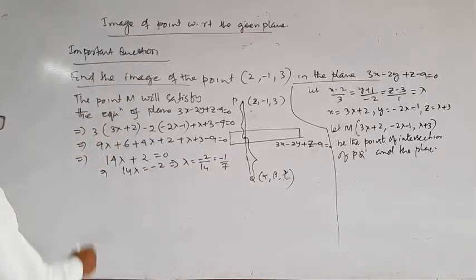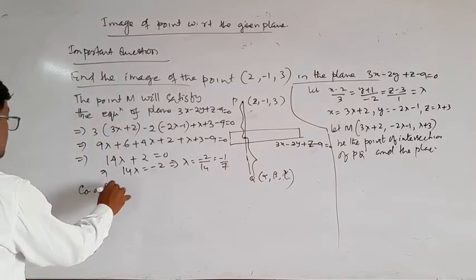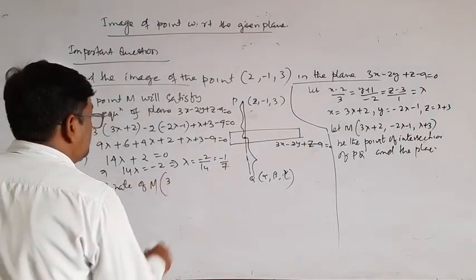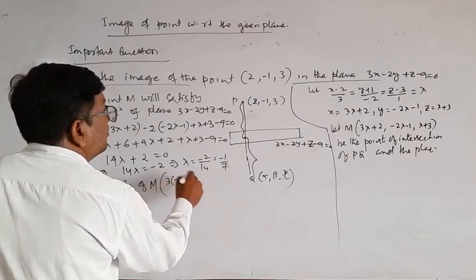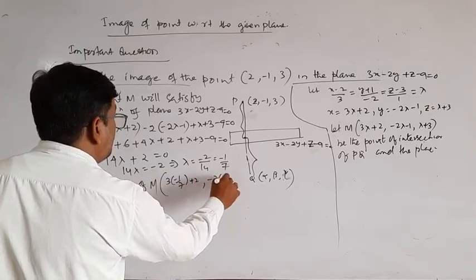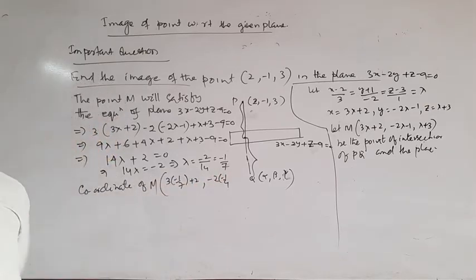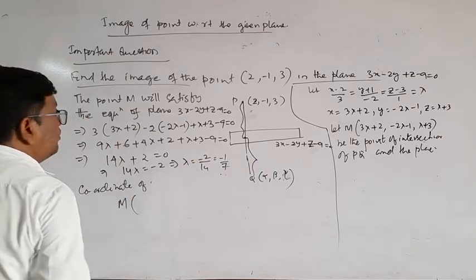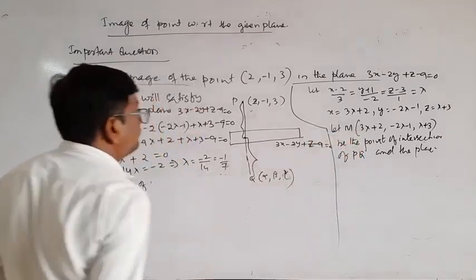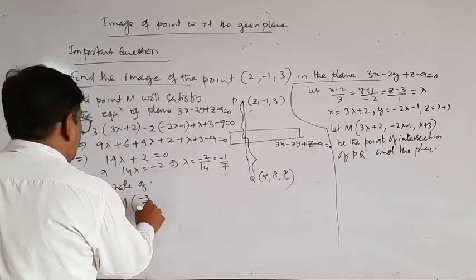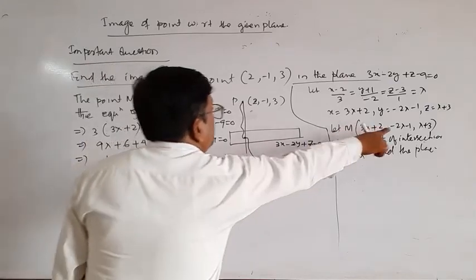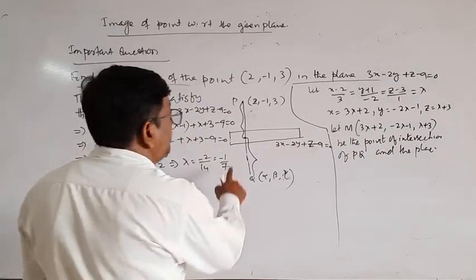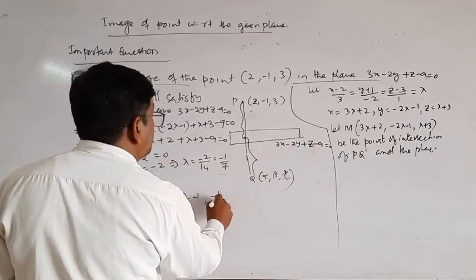So now the coordinates of the point M are: 3 into lambda, that is minus 1 by 7 into 3, minus 3 by 7 plus 2; minus 2 into minus 1 by 7, that is plus 2 by 7 minus 1; and minus 1 by 7 plus 3.